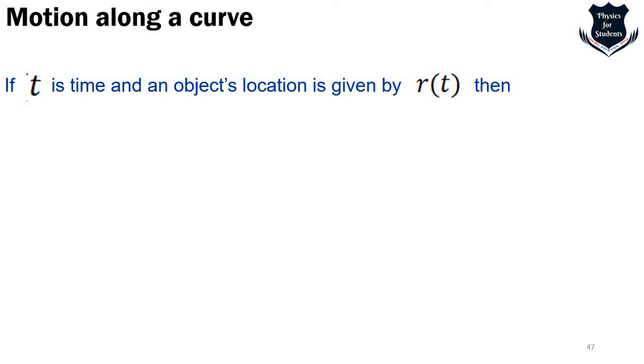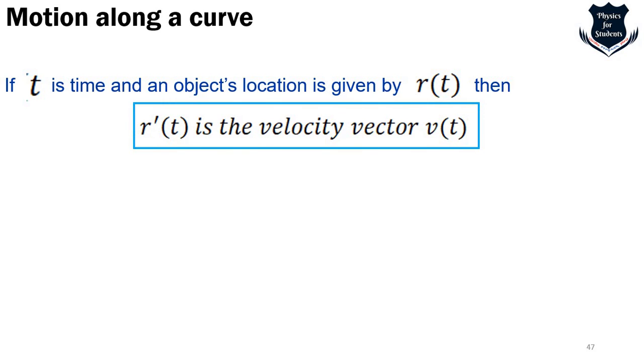Now we have already seen that if t is time, and an object's location is given by r(t), then the derivative r'(t) is the velocity vector v(t), which becomes obvious.